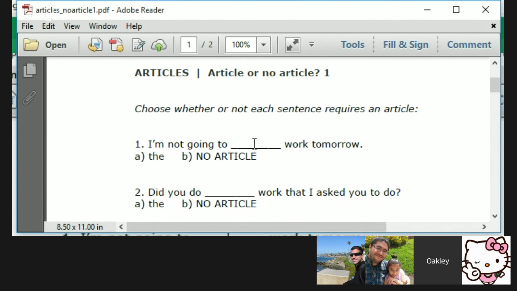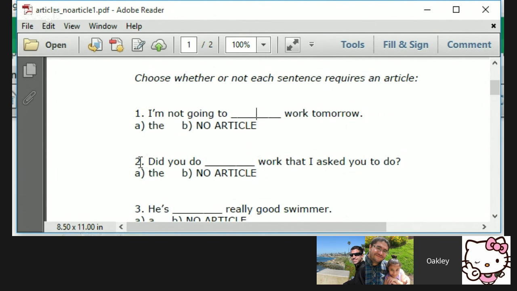It is possible to be countable if you're talking about artwork, and that's expressed like "works of art." But normally in practical use, work is uncountable.